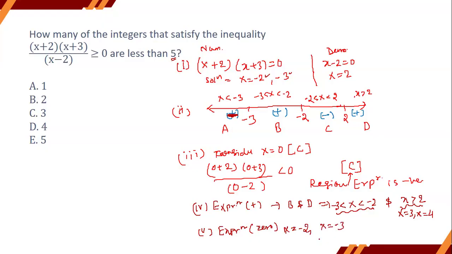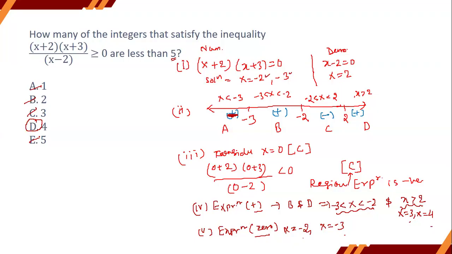And of course, do not consider x equals 2 now, because it will make the denominator 0, and hence the expression will not be defined at x equals 2, right? So how many integers satisfy this inequality, where the expression is both positive and 0? 1, 2, 3, and 4. So 4 integers. So our answer is choice D, and we can eliminate A, B, C, and E.